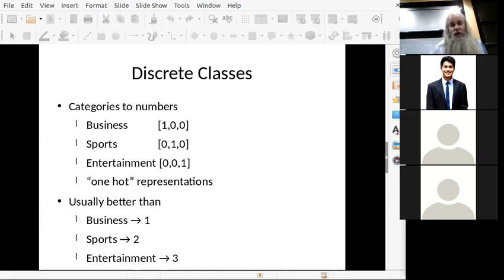This is often called one-hot vectors, and we use them a lot. In fact, many tools for building data sets for machine learning will build one-hot representations automatically from classes.